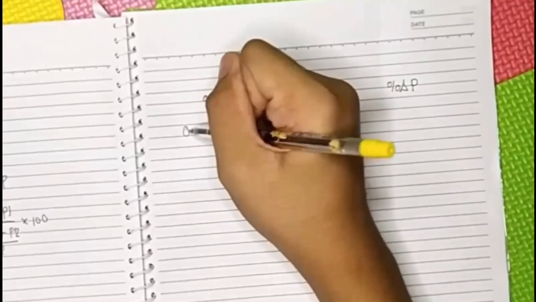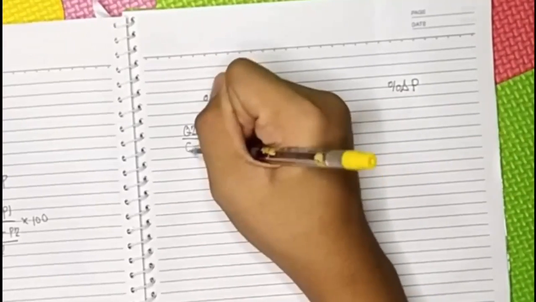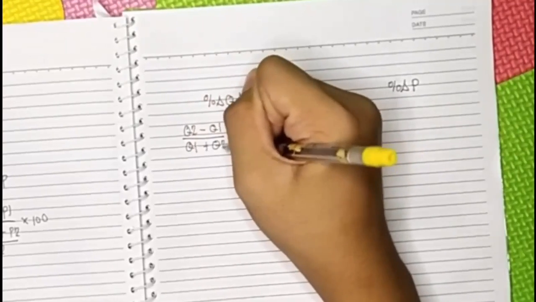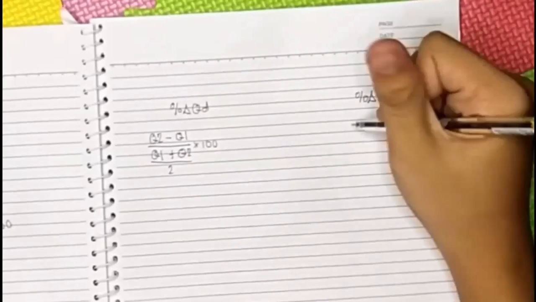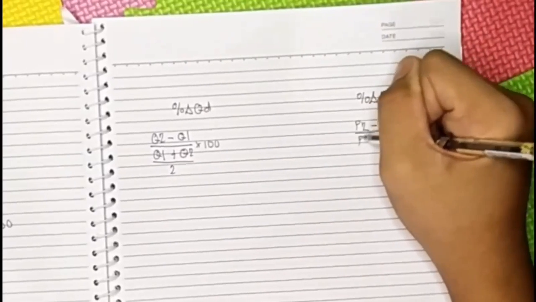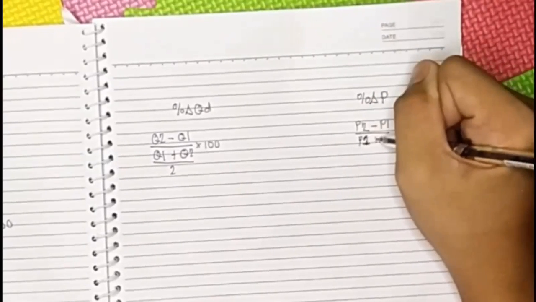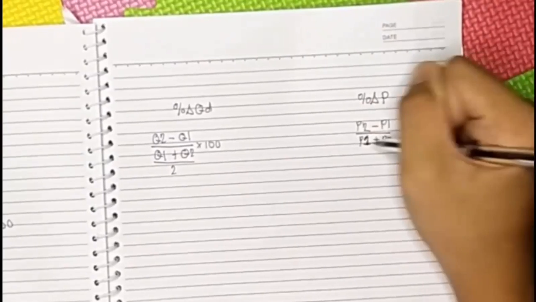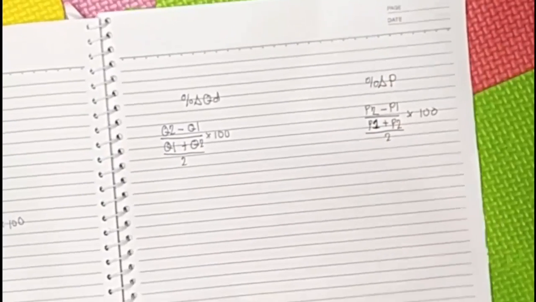So write the Q2 minus Q1 over Q1 plus Q2 divided by 2 times 100. Then P2 minus P1 over P1 plus P2 divided by 2 times 100.